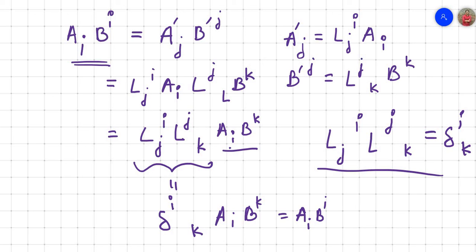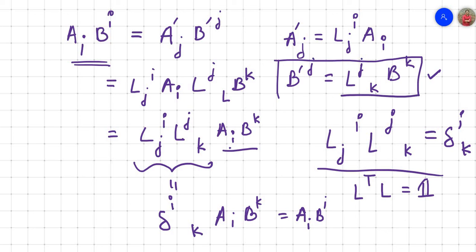This is nothing but the component form of L transpose L equal to the identity. Therefore, this is the transformation rule of a vector which we knew from beforehand, but now we have assured ourselves that this is the transformation rule for the dual vectors.